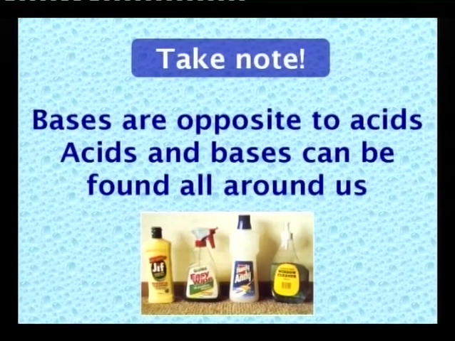Hydrochloric acid is produced in the stomach to digest food and also kill bacteria. We also use acids in our everyday life. For example, the car battery has sulfuric acid in it. And you have used some substances in your last lesson like lemon that has citric acid in it.